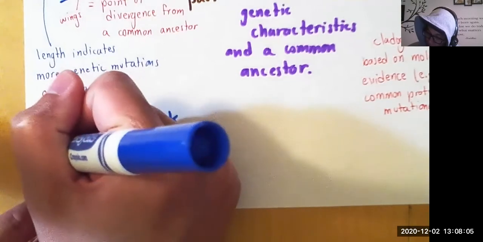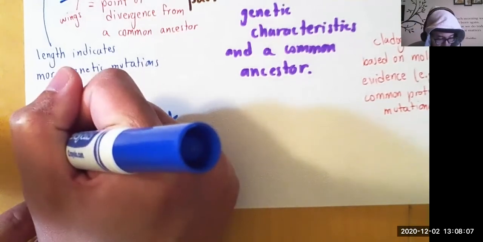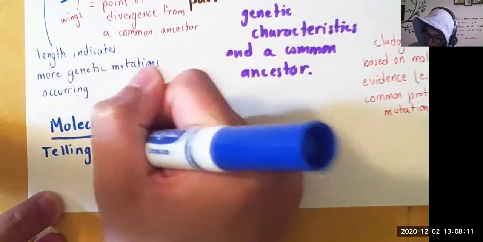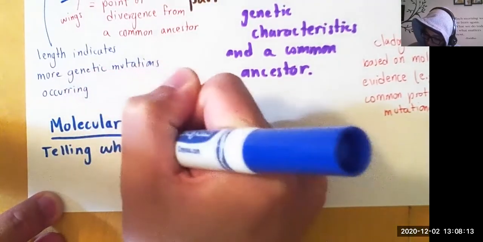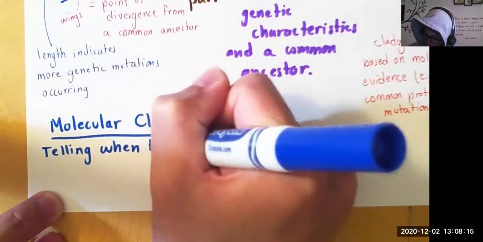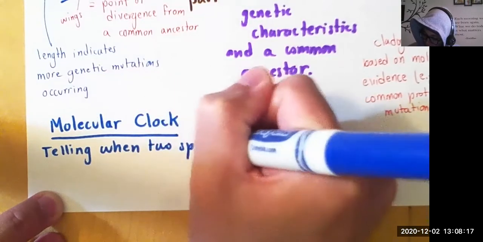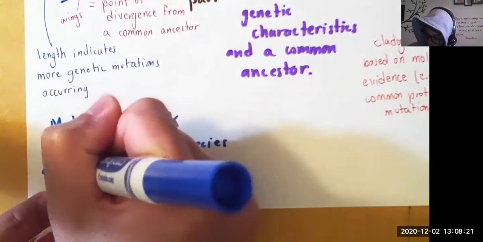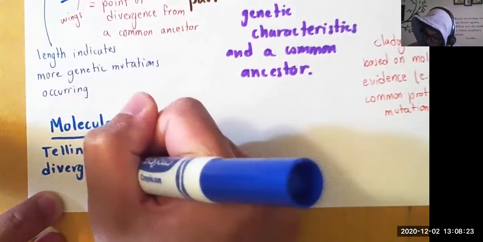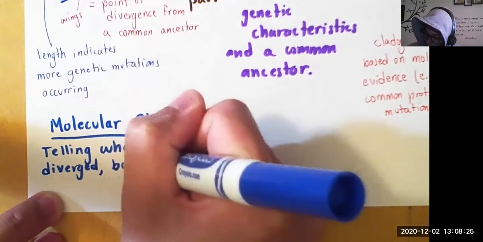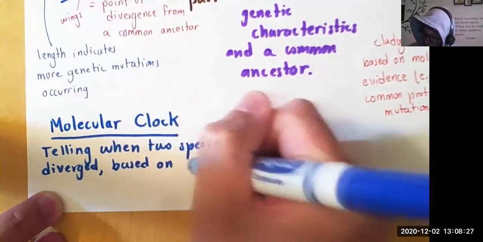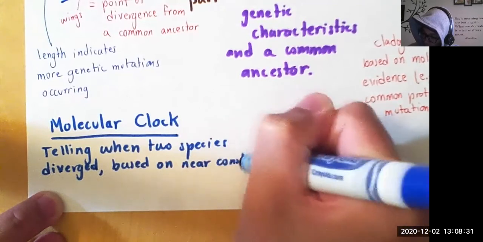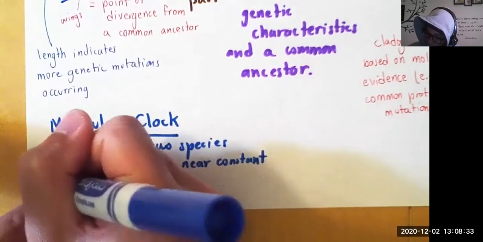A molecular clock is telling when 2 species diverged based on near constant mutation rates.